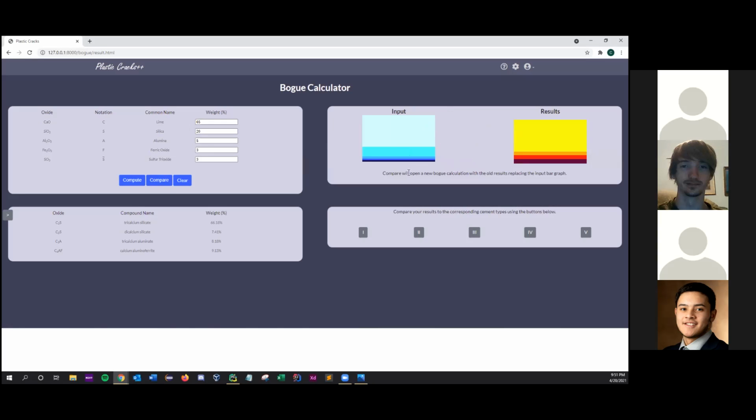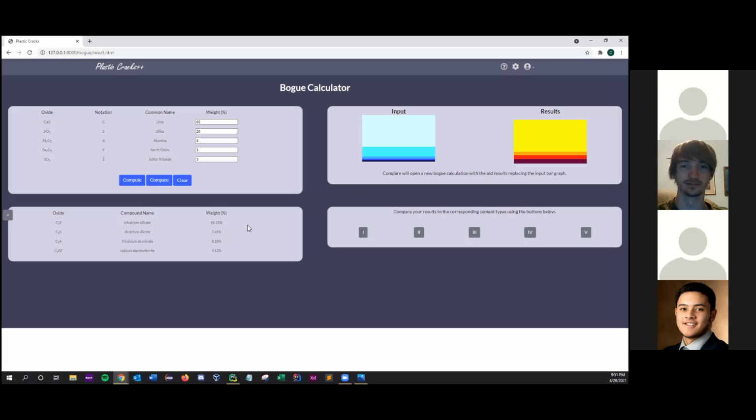On the bottom left, we also have an easier to read table, so that you can see the numbers much more quickly and you don't have to hover over the bars multiple times in order to get all of them.